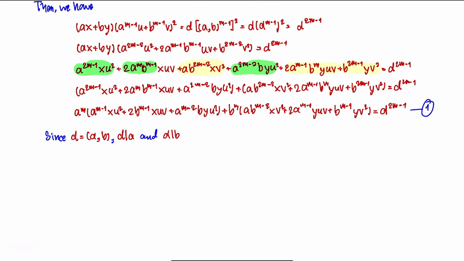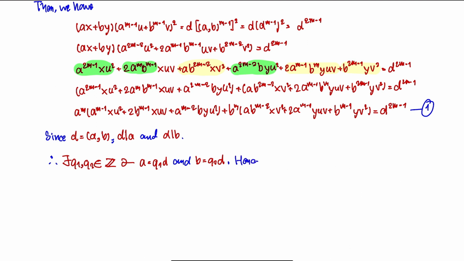We use divisibility, right? So there exist integers q1 and q2 such that a equals q1 d and b equals q2 d.